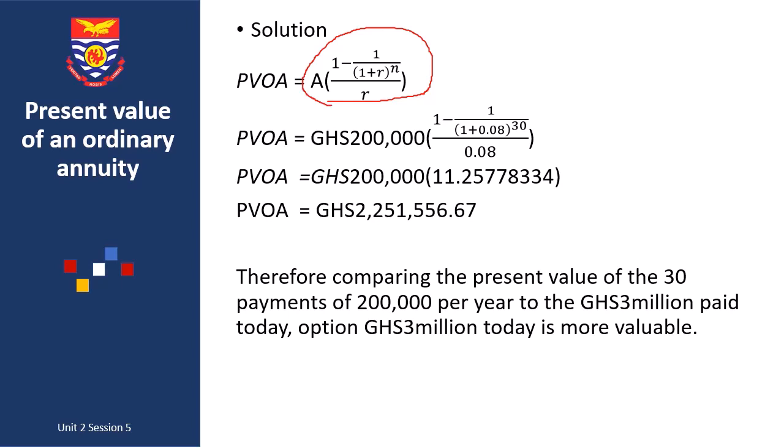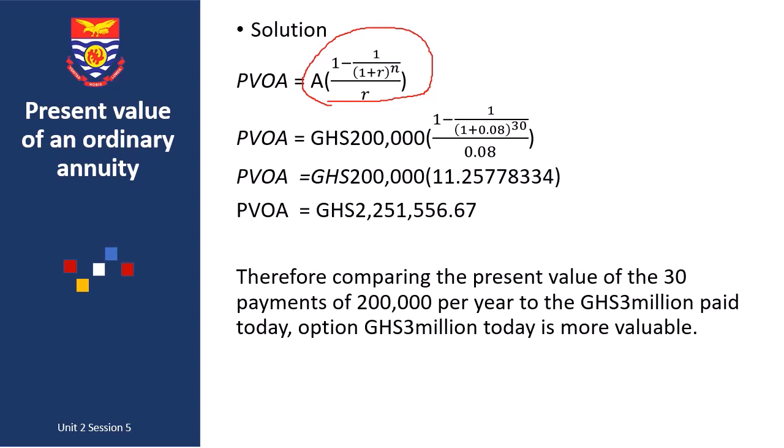So A multiplying the 1 minus the discount factor, n equals 30 because it's 30 payments of 200,000 cedis occurring each year. So if 30 payments and you are paying 200,000 each year, it means you multiply 30 by 1, then you get 30 years. The cost of capital that was given is 8%. So we use that one.